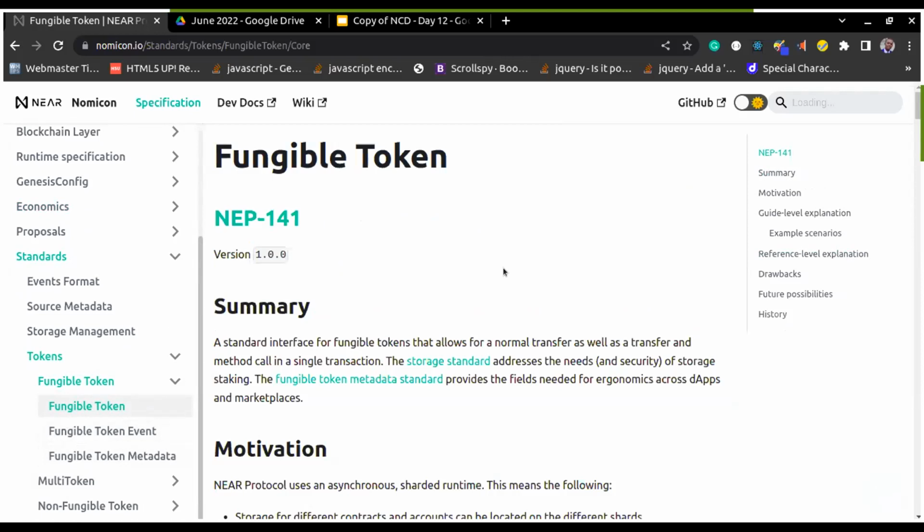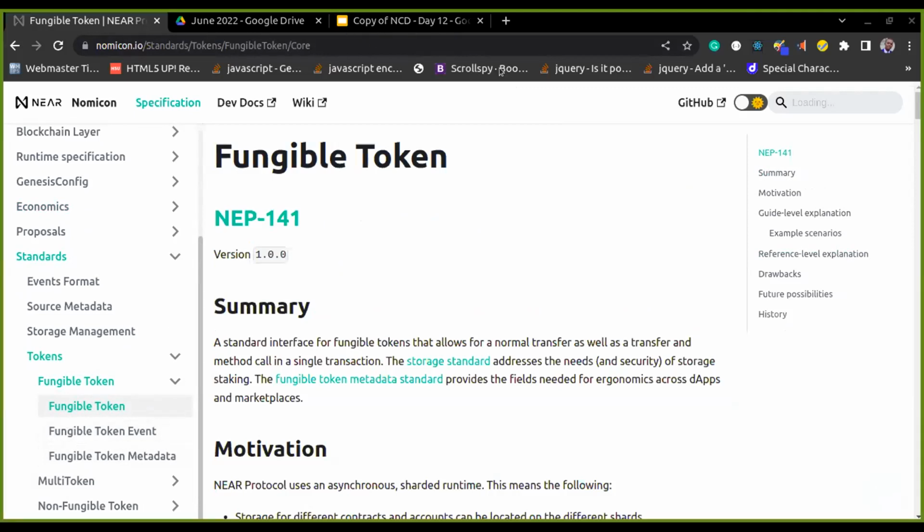Just to reiterate, if you're coming from an Ethereum blockchain background, you must be familiar with the ERC20 standard. ERC20 is the standard used by the Ethereum network to define fungible token smart contracts.